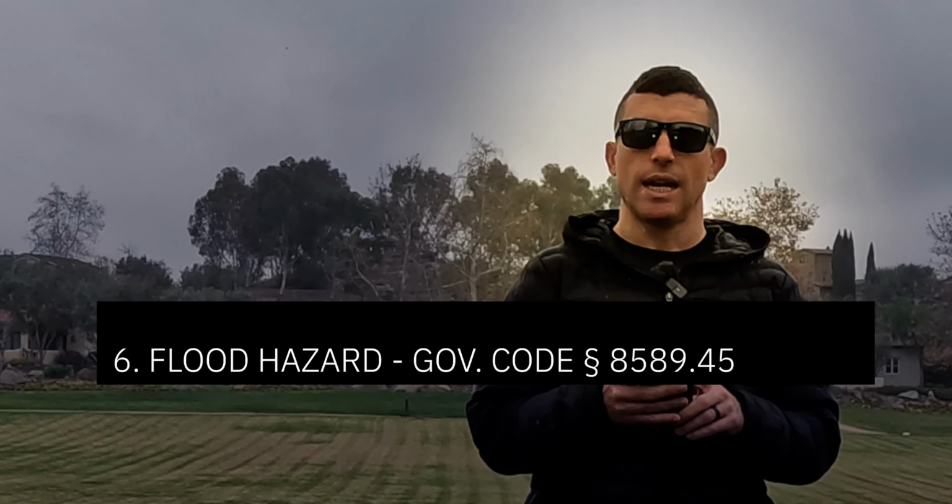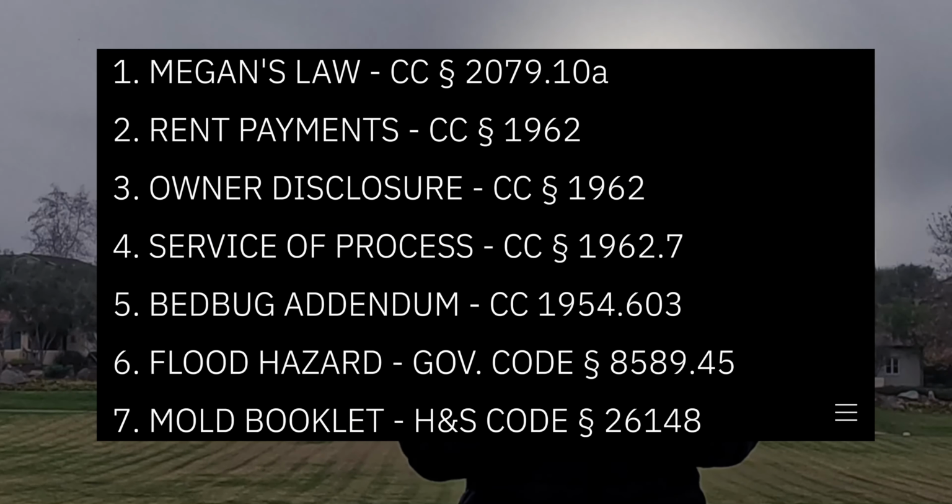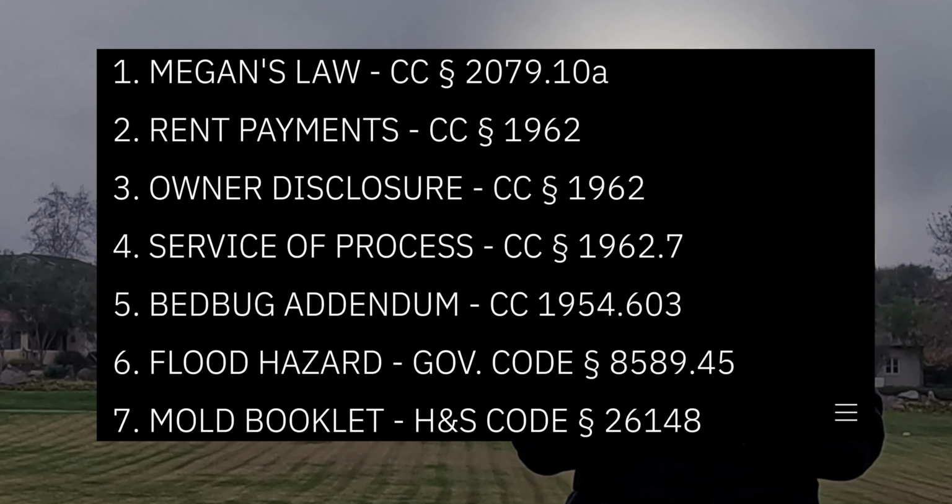So if you want the other civil codes, I'll go through that real quick, just 30 seconds. The Megan's Law database is under Civil Code section 2079.10a. The rent payments, to whom and how, Civil Code section 1962. That's also the same Civil Code section for the language pertaining to the disclosure of owners and agents.